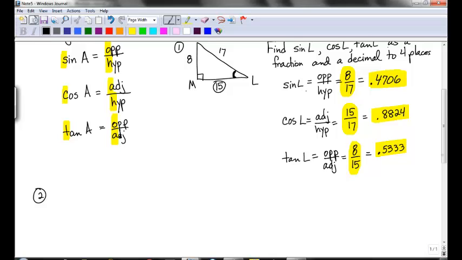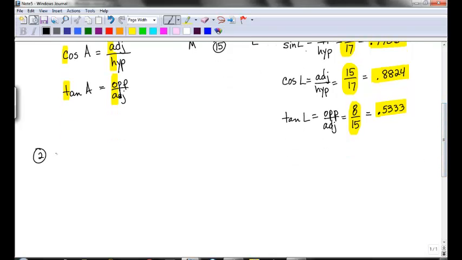Okay, on number 2, look at another example. Say they ask you to find sine of A, cosine of angle A, tangent of angle A. Same directions. We want it as a fraction and four decimal places.